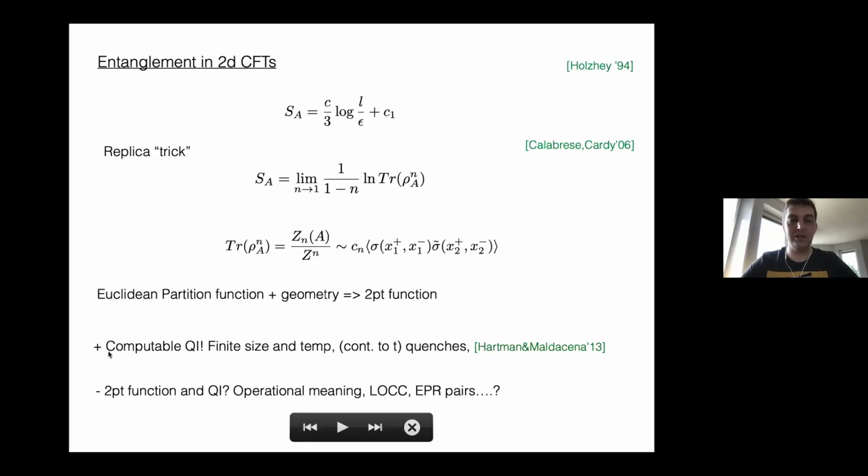We don't really understand, at least to my knowledge, how to interpret the two-point function in terms of quantum information, or in other words, what's the operational meaning, where are the LOCCs or EPR pairs or everything we know about entanglement entropy hidden in the two-point function. That's somehow the price to pay for the computability. Okay, so this is just a comment to have in mind before I start with complexity.